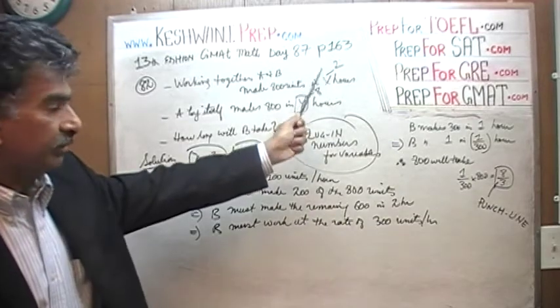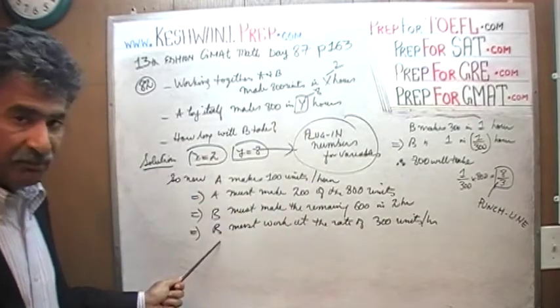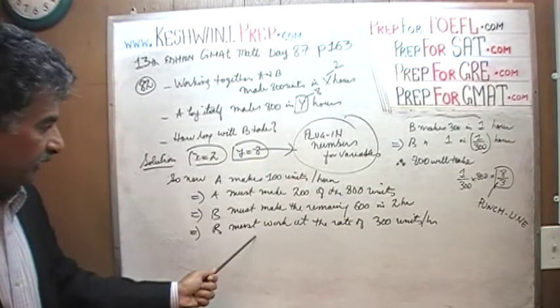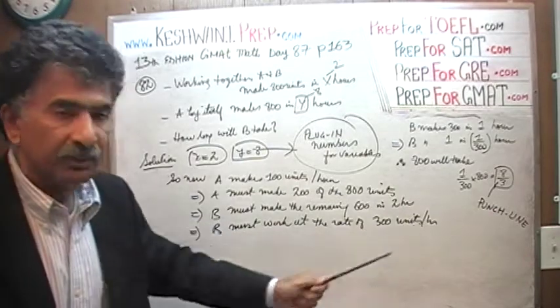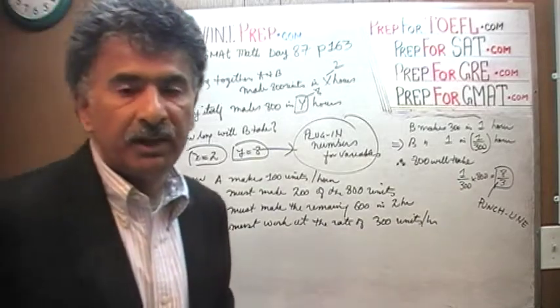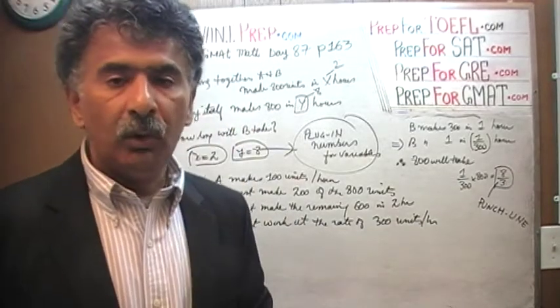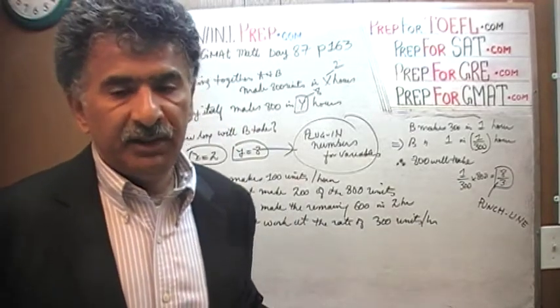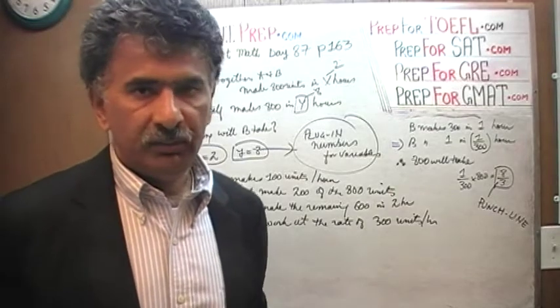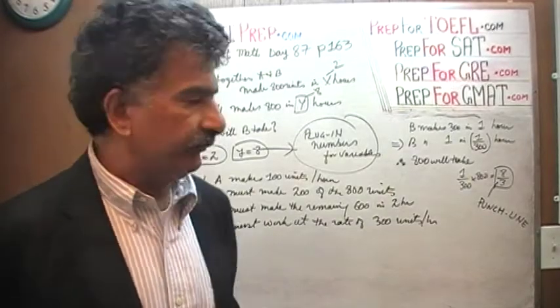Which implies that if B is making 600 in 2 hours, B must work at a rate of 300 units per hour. This is a simple arithmetic problem now. So simple that all it says is, if it's making 300 units per hour, how long does it take to make 800 units?